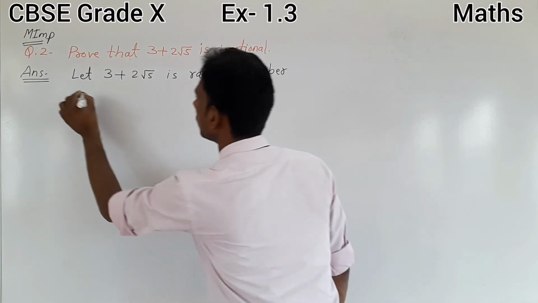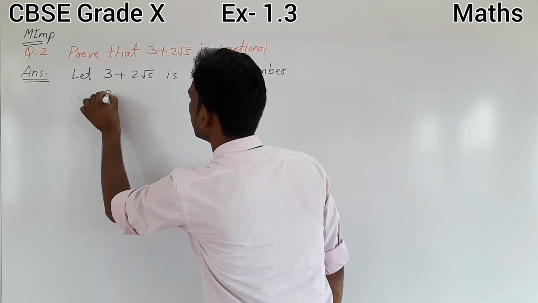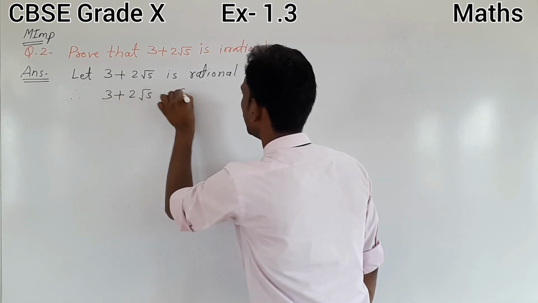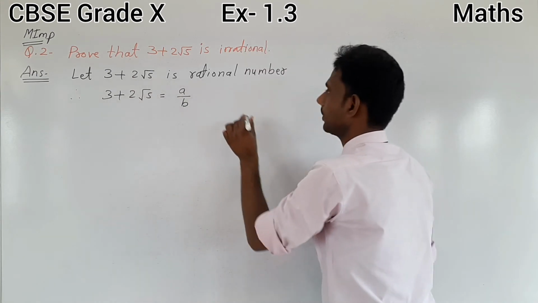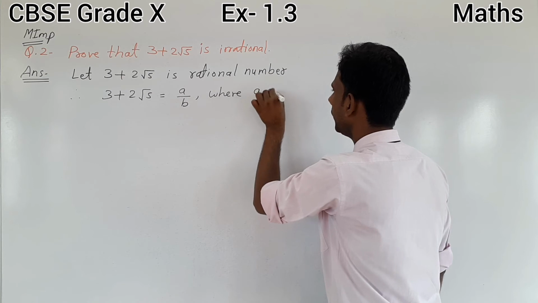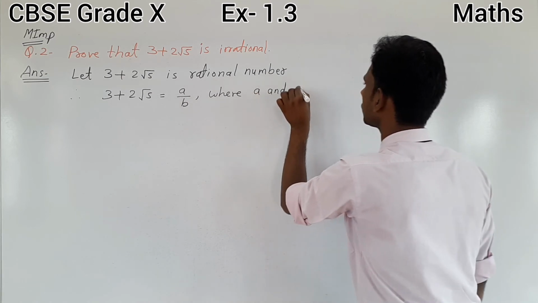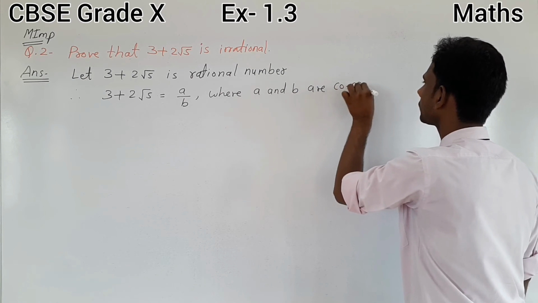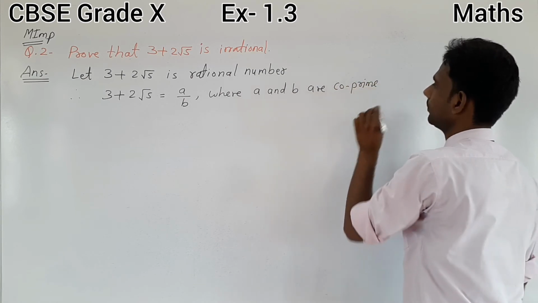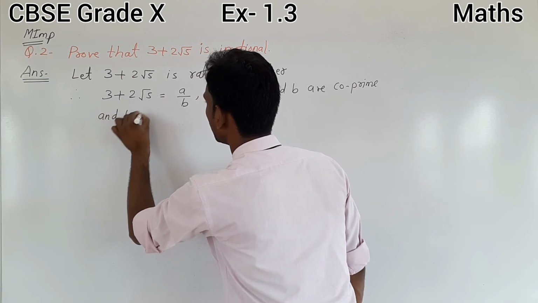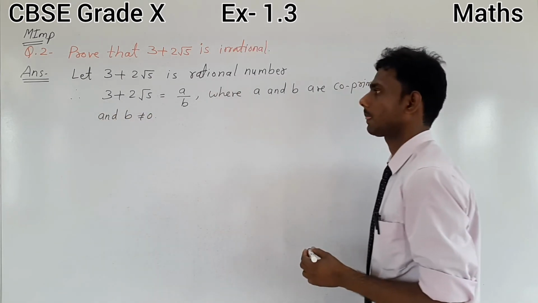Therefore 3 plus 2 root 5 equals a upon b, where a and b are co-prime and b is not equal to 0.